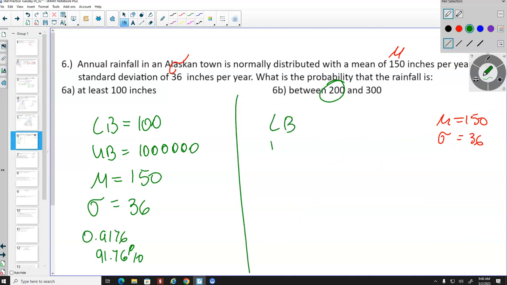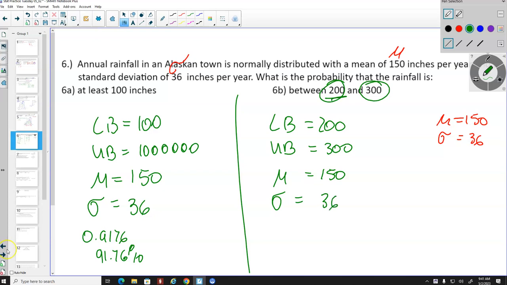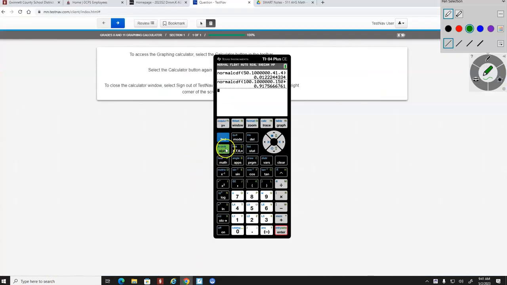So lower bound, upper bound, mu and standard deviation. Lower bound, of course, is the lowest number, which is 200. 300 is my upper bound. Mean is 150, and standard deviation is 36. So, putting it back in the calculator, second VARS, second option.